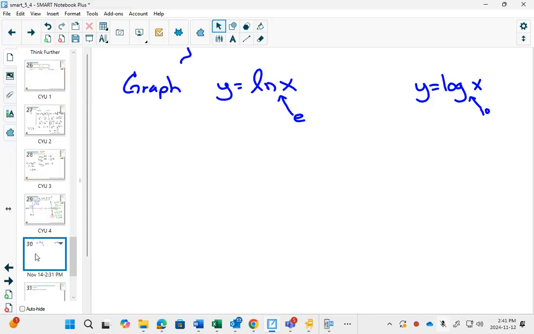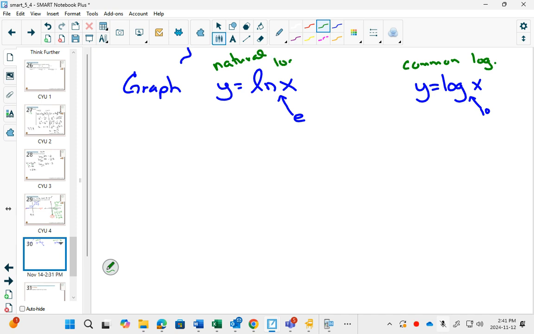But that's why it's L first for logarithm and N for natural. And you remember that this one was called the common log? And this is going to be called the natural log. The common log, when you didn't write anything, had a base of 10.